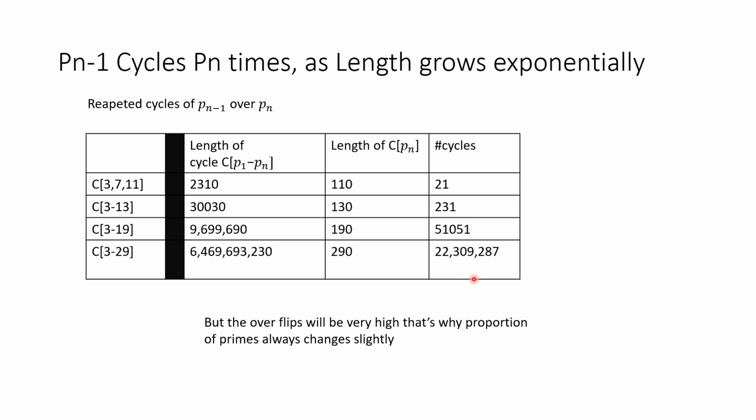And there is a balance. You can see if you take the proportion of the slope, right, of primes, the proportion of primes doesn't change too much from cycle to cycle. Even this goes higher very fast.